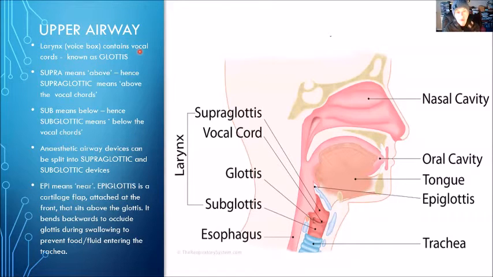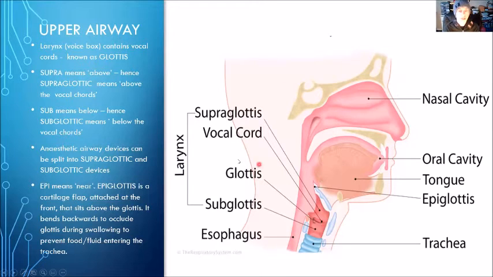And the vocal cords are the two smooth muscle flaps which open and close, allowing us to produce our voice. But they also have other functions, the reflex function of closing and protecting our airway from aspiration. Aspiration being inhalation of things other than air, such as gastric contents or secretions or fluids. So they stop us from aspiration.